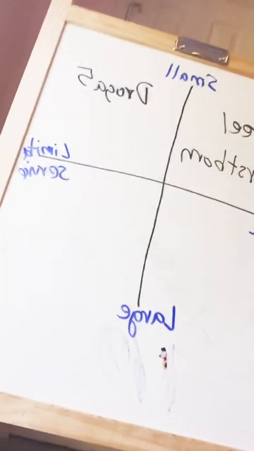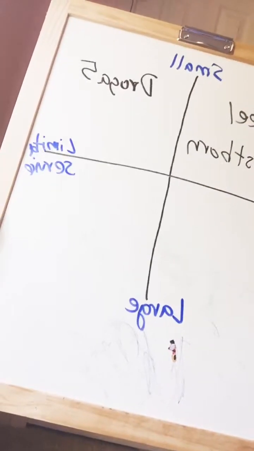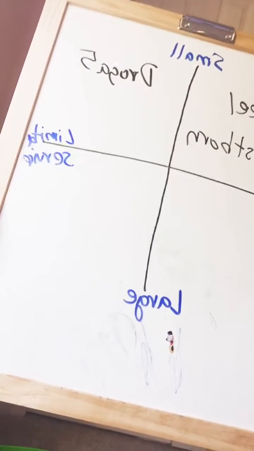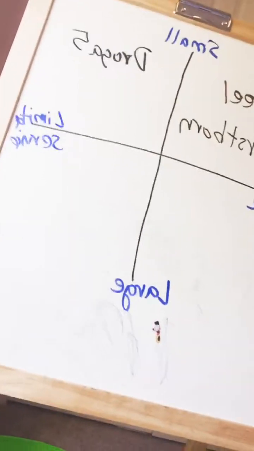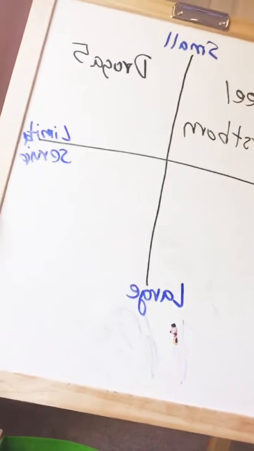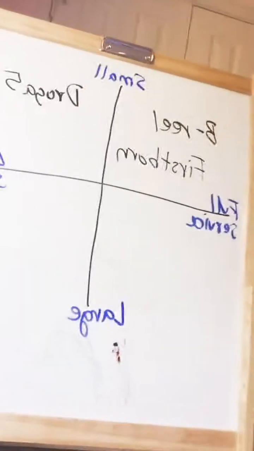The other three companies that I listed: Wieden+Kennedy, Ogilvy, and McCann Erickson. It seems that those companies would fall into the category of full service and also large companies.